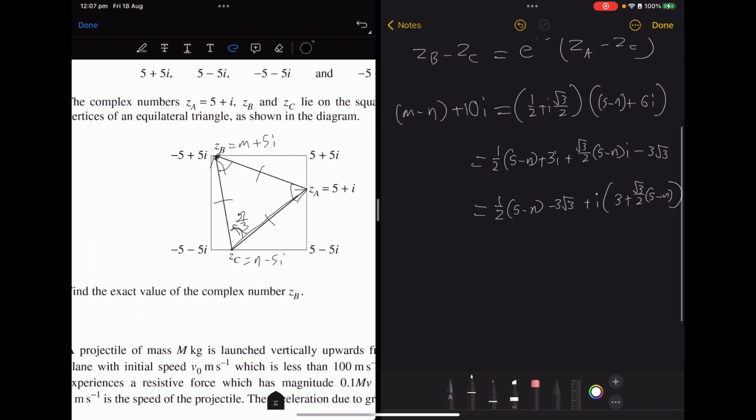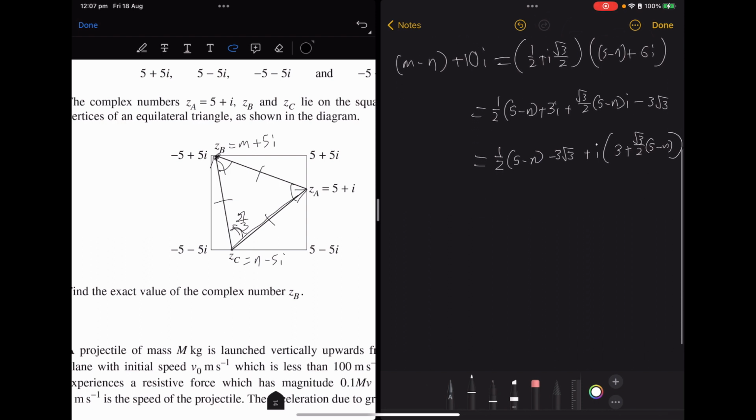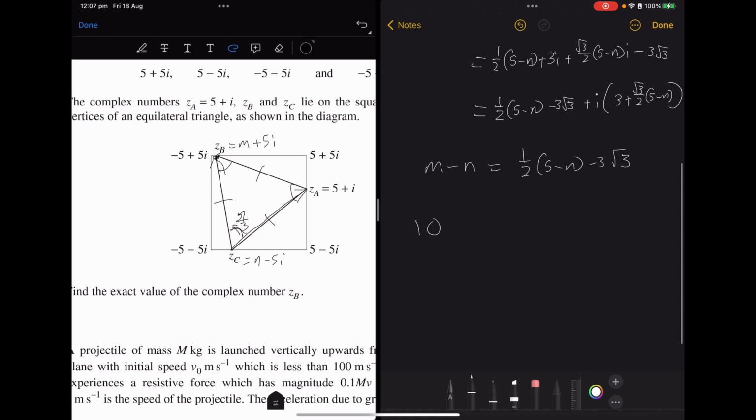Now we equate both sides, so we know that m minus n is equal to the real part, half of 5 minus n minus 3 root 3. And we know the imaginary parts are also equal, so 10 equals 3 plus root 3 over 2 times 5 minus n.